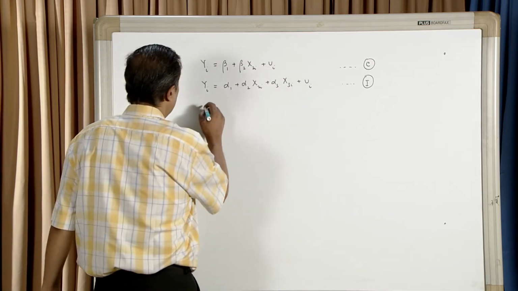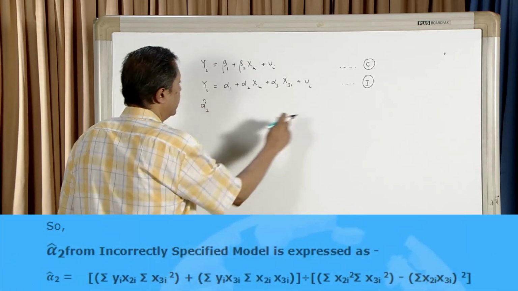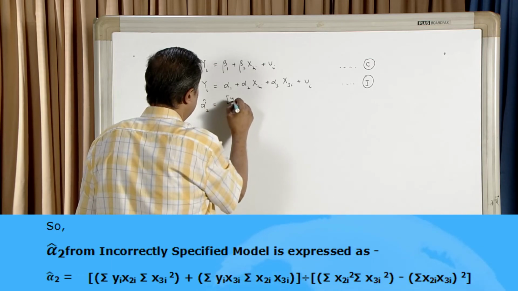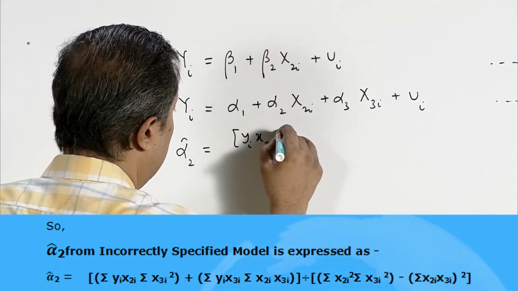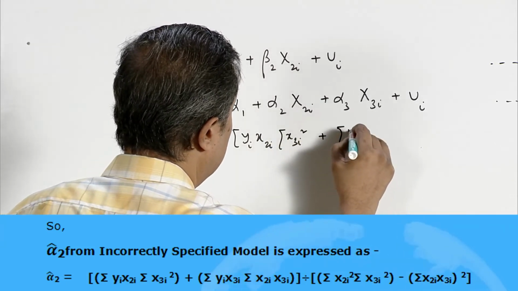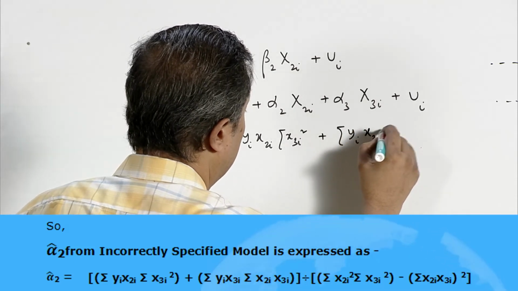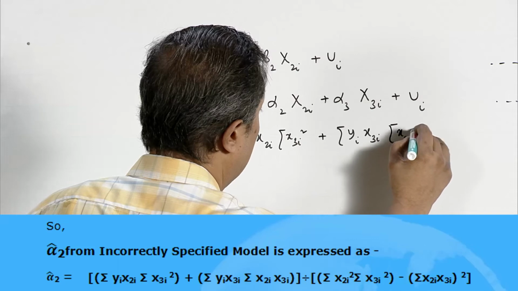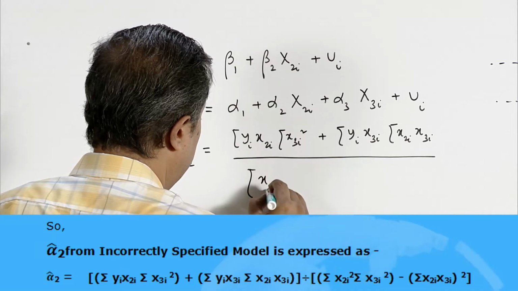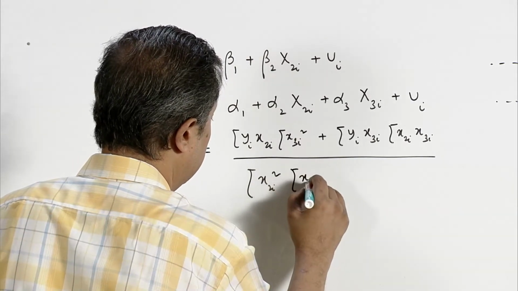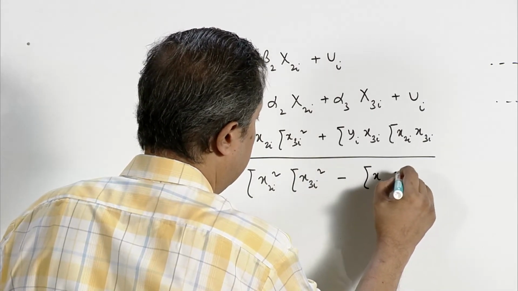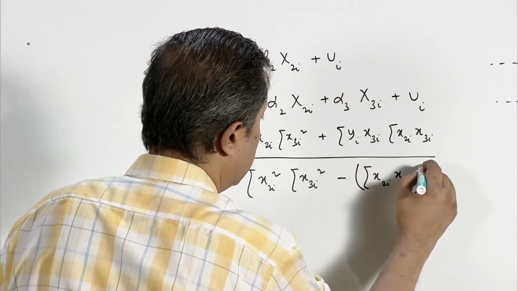So, alpha 2 hat from the incorrectly specified model is, as we know, summation yi x2i summation x3i square plus summation yi x3i summation x2i x3i, all upon summation x2i square summation x3i square minus summation x2i x3i whole square.